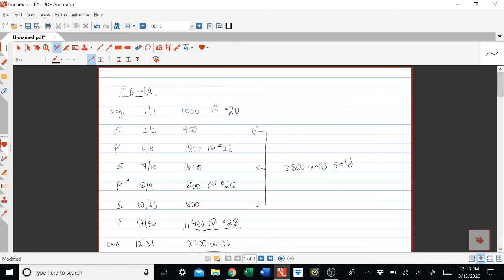Then we need to calculate the cost of goods sold of these 1,600 units on July 10th. We're going to use the most recent, from the standpoint of July 10th, the most recent weighted average cost per unit. We're going to use the one on April 6th.